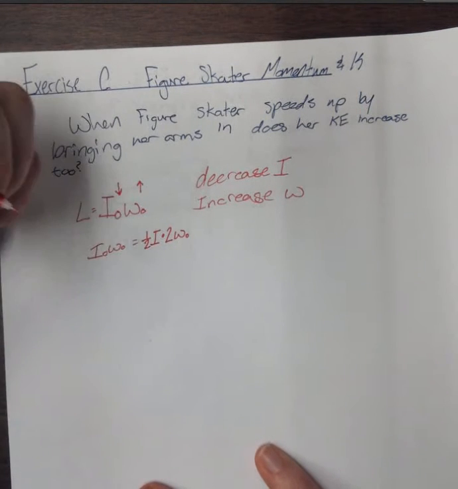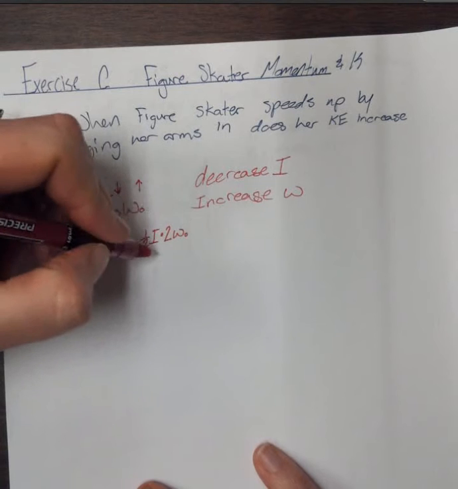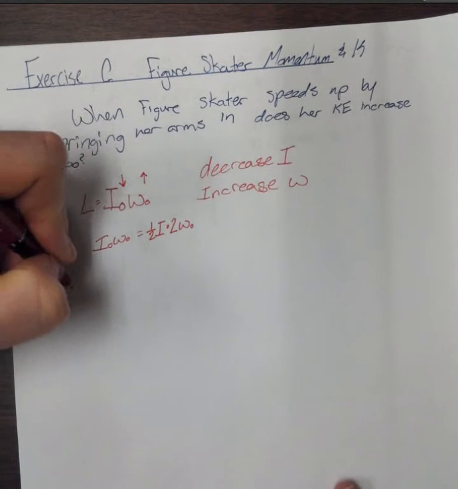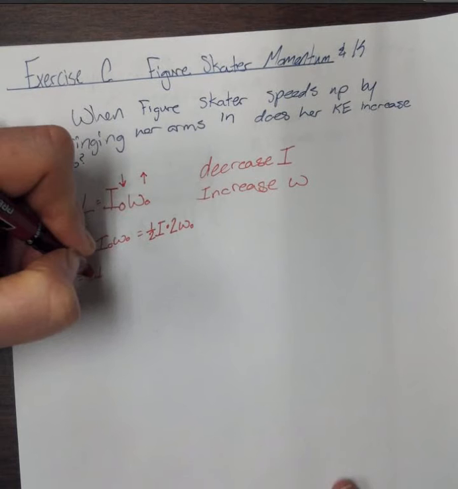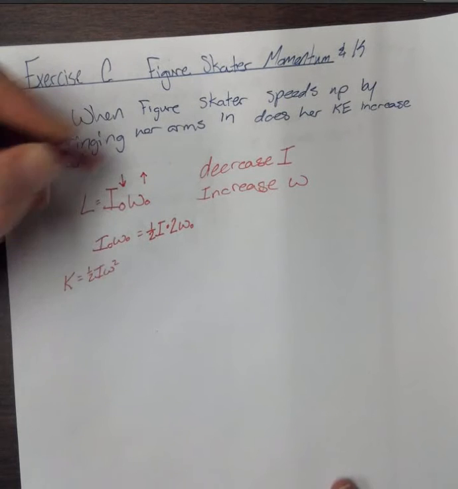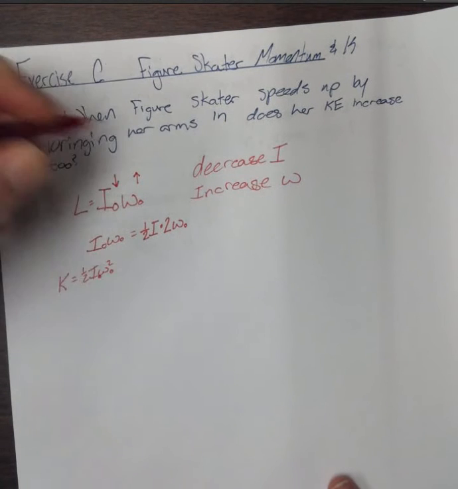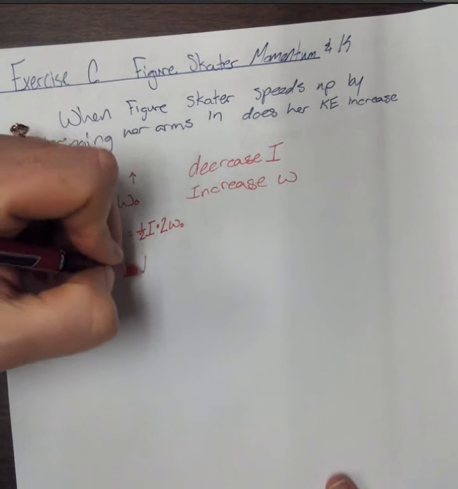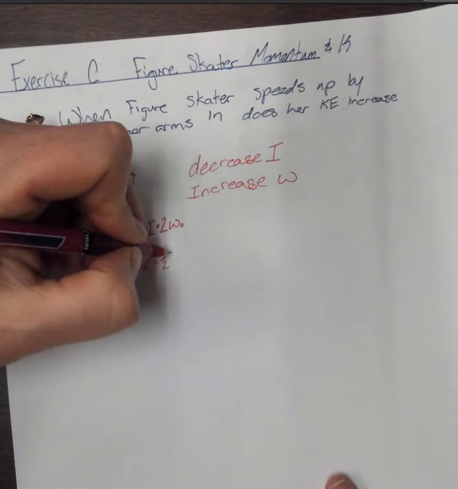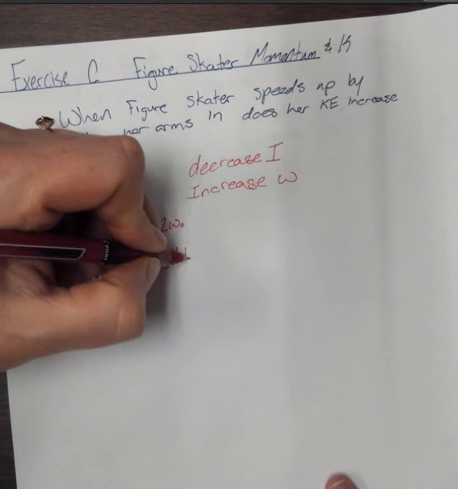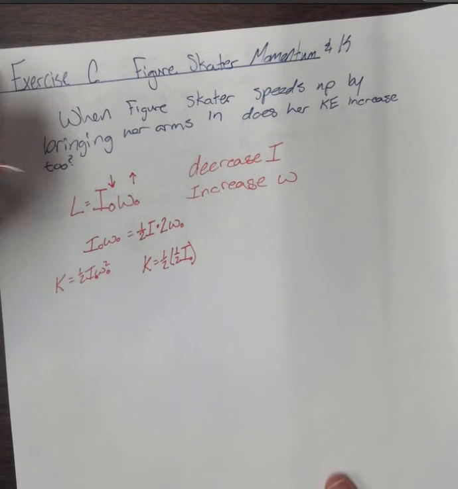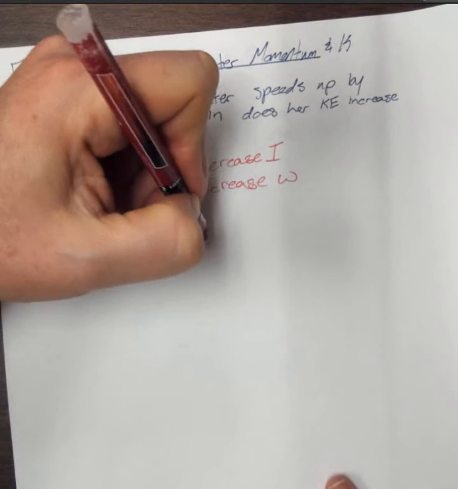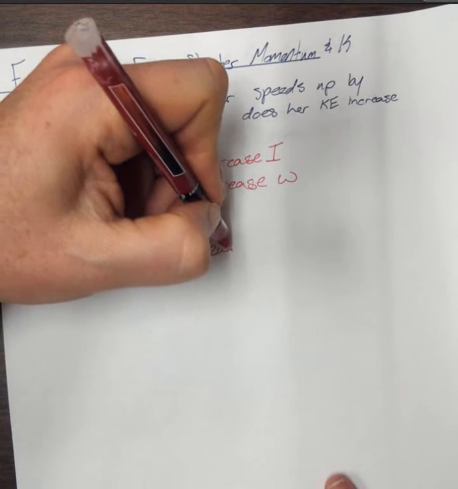So let's go ahead and run with this. Kinetic energy is given by 1/2 I omega squared. So initially it would equal 1/2 I omega squared. Afterward, the kinetic energy would have to equal 1/2, and then we have 1/2 the initial rotational moment of inertia, and then we have twice the rotational velocity.